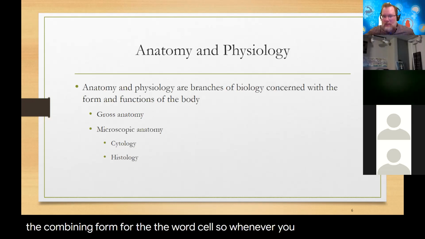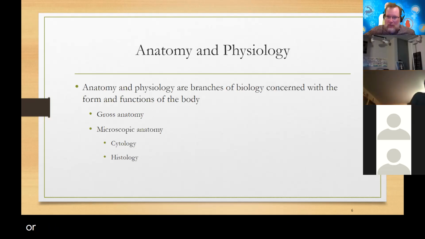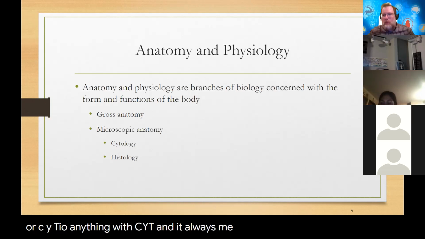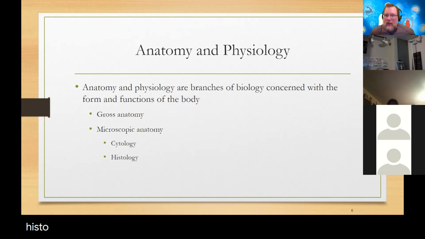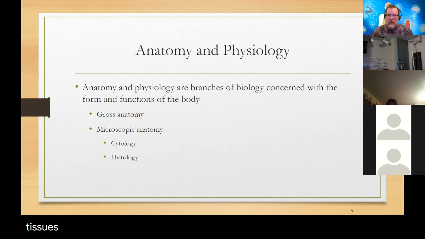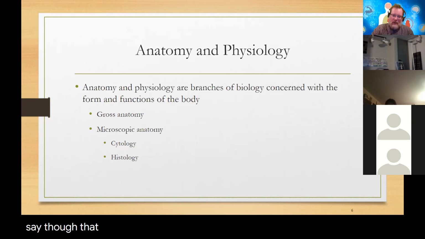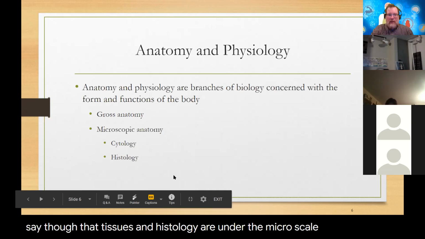So whenever you see cyte, CYT or CYTE or CYTO, anything with CYT in it always means we're talking about a cell. Histo relates to tissues. So when we look at histology, we're looking at the study of tissues. And we'll talk more about what that means in just a second. I will say, though, that tissues and histology are under the micro scale.